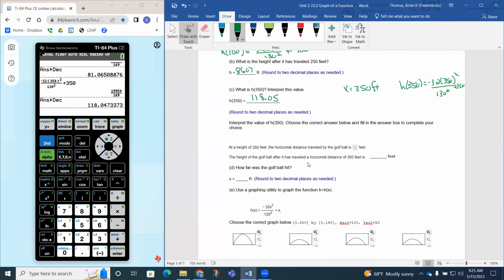The height of the ball after it's traveled a horizontal distance of 350 feet is, that sounds right, 118.05 feet. That's how high it is. So the height of the golf ball after it's traveled a distance of 350 feet is 118.05 feet. That sounds good.